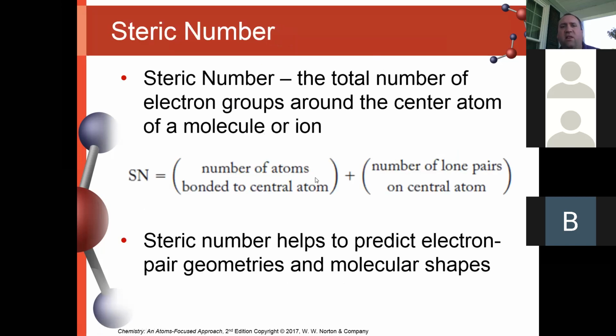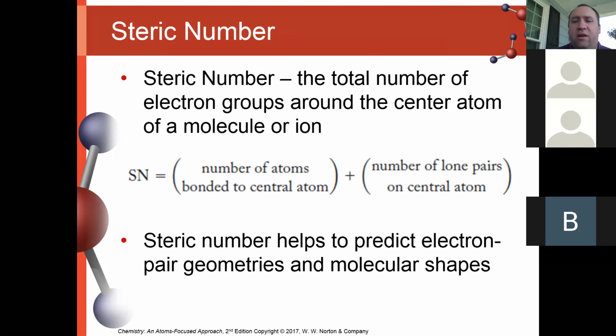And so the last thing that we'll talk about today, to set us up for our discussions tomorrow, is the idea of steric number. Steric number just refers to the number of total electron groups on the center atom of our drawing.